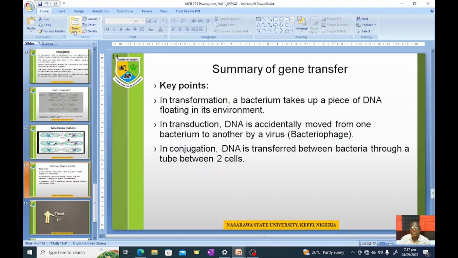In summary, we were made to understand that in transformation, a bacterium takes up a piece of DNA floating in its environment. This can happen by use of some specialized mechanisms, such as transposomes or jumping genes.